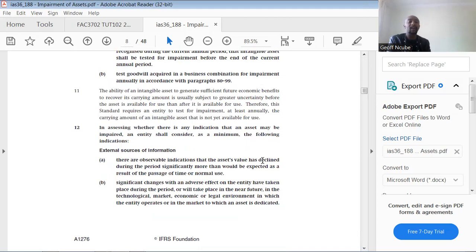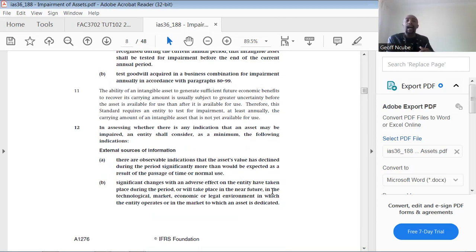So we are saying the value of the asset, for instance, is declining. Or sometimes significant changes with an adverse effect on the entity have taken place or are to take place in the future.